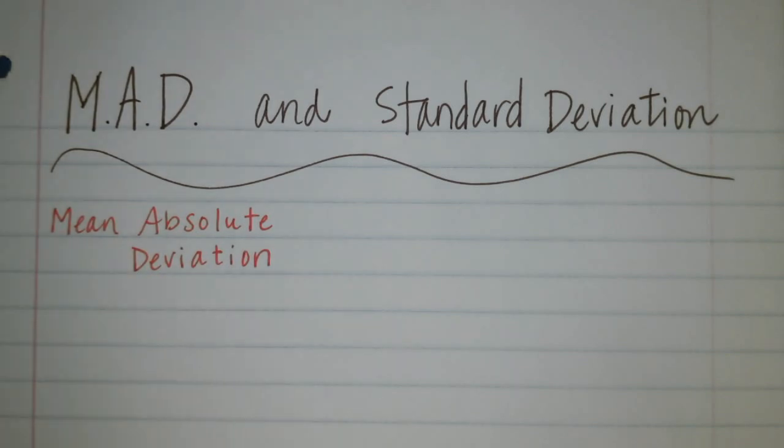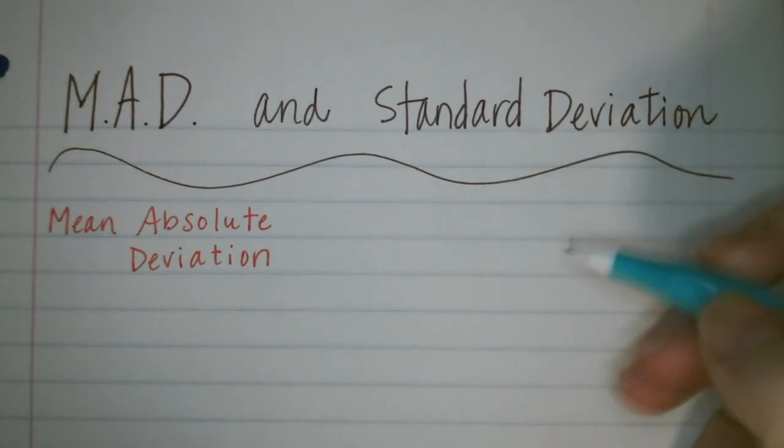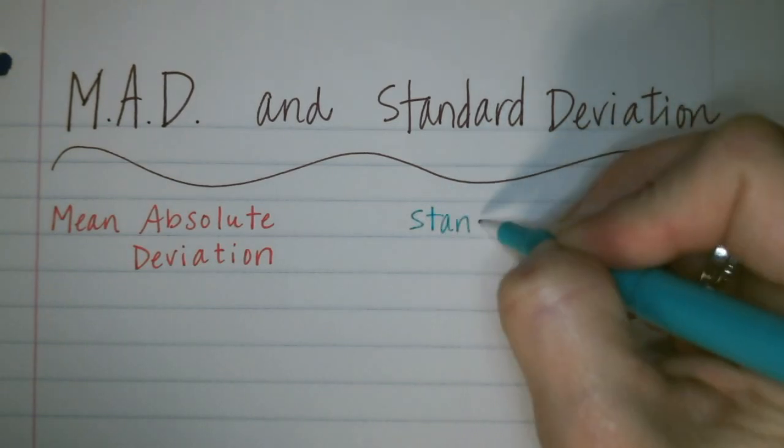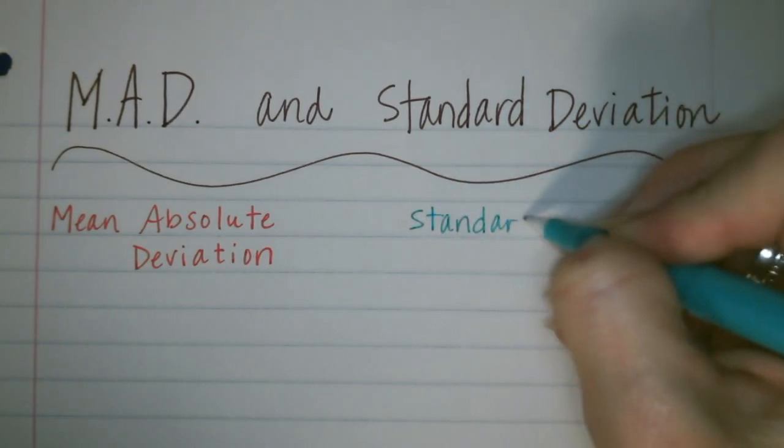Okay, so standard deviation is another measurement, and this one goes along with the normal curve, which we're actually not going to be looking at. But if you have ever heard somebody talk about a bell-shaped curve, that's what we're talking about.